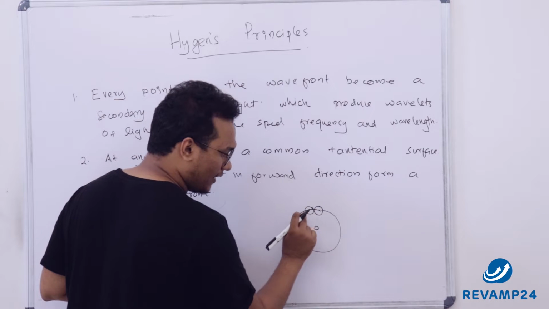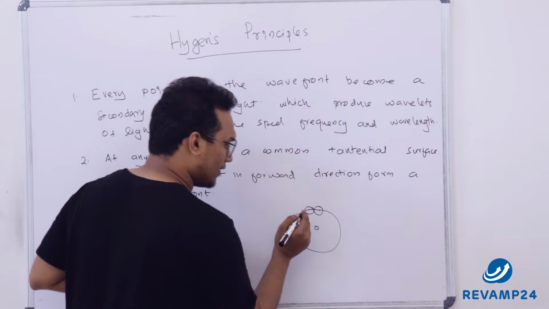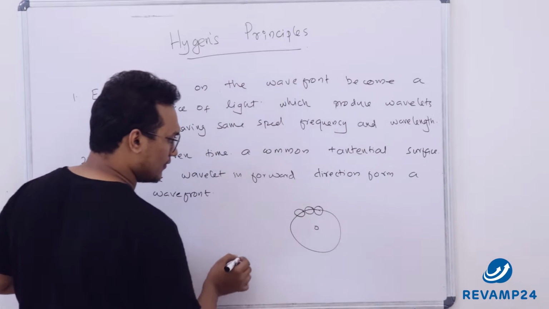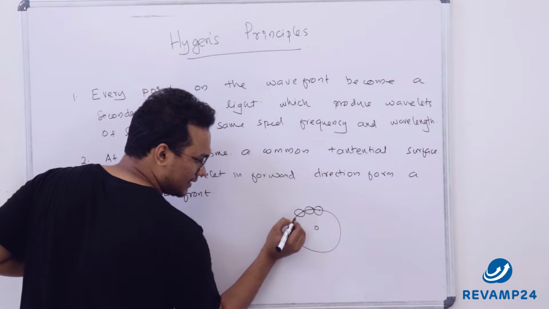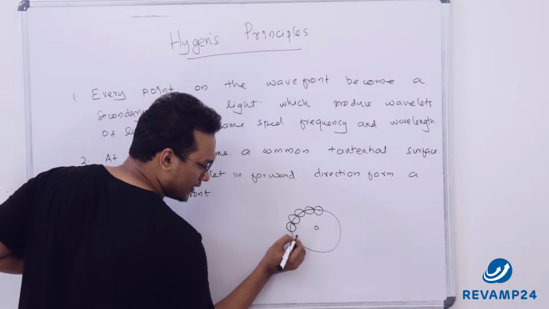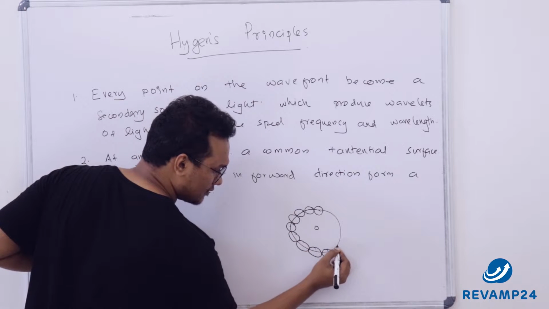Now this is the primary wavefront, and it will create a secondary wavefront. So this will act as a source of light and create a wavelet. This is the next source of light, wavelet. Next source of light, wavelet. This is the meaning of it.